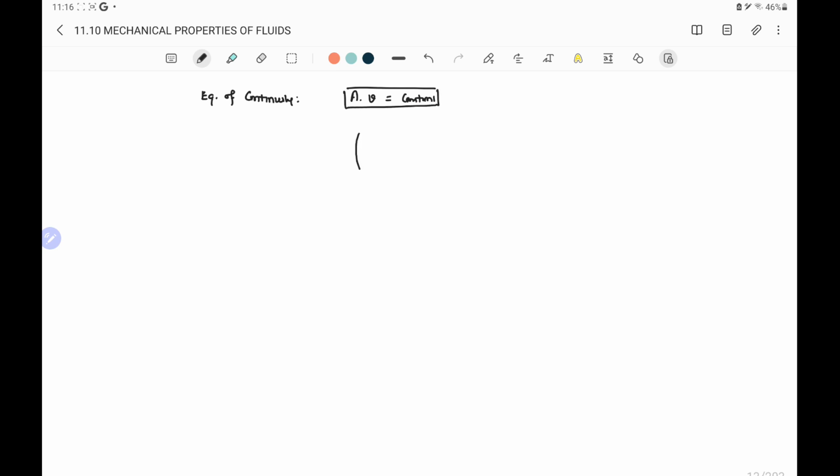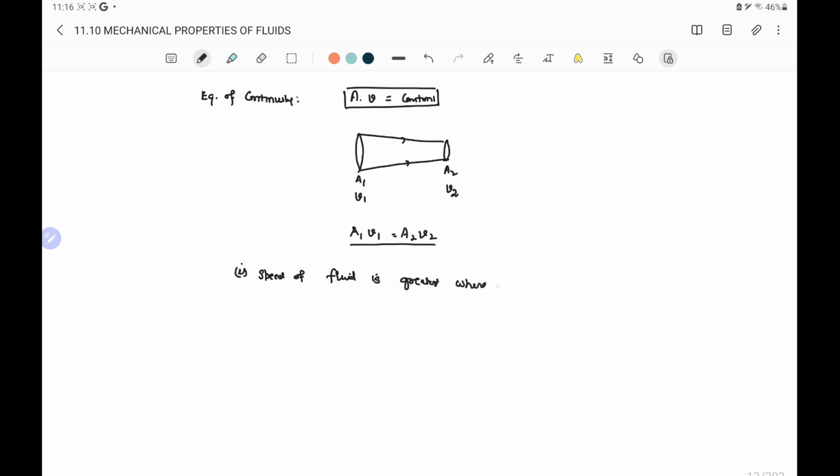That means if this is area of cross section A1 and another is A2, then the velocity at area of cross section A1 is V1 and at A2 is V2, and from equation of continuity, A1 V1 will be equal to A2 V2, and we can conclude here that speed of fluid is greatest where cross-sectional area is least.